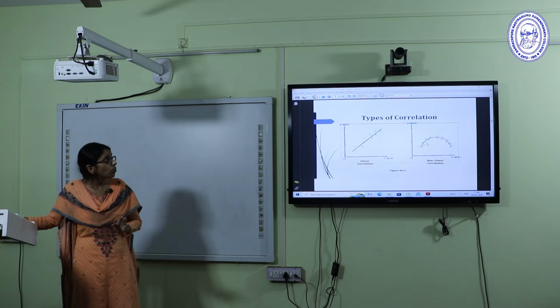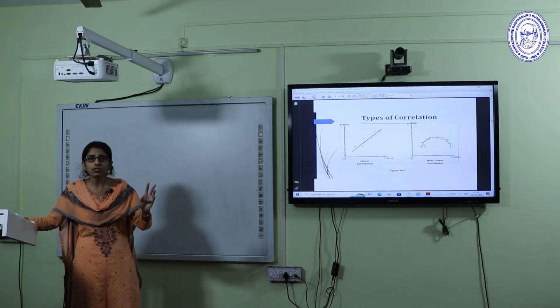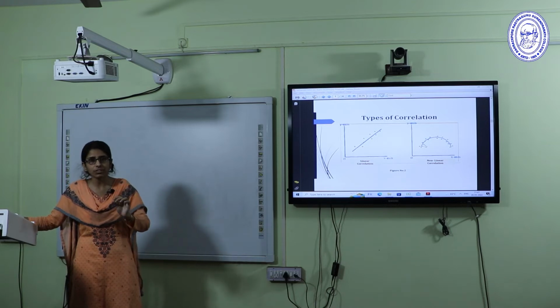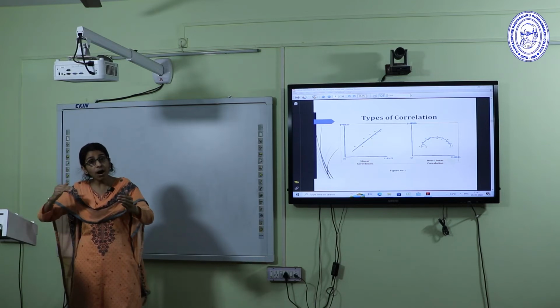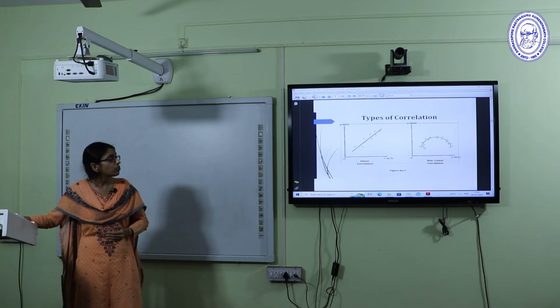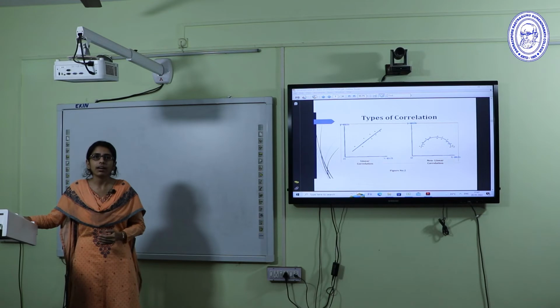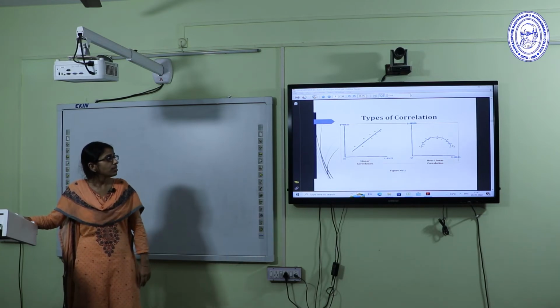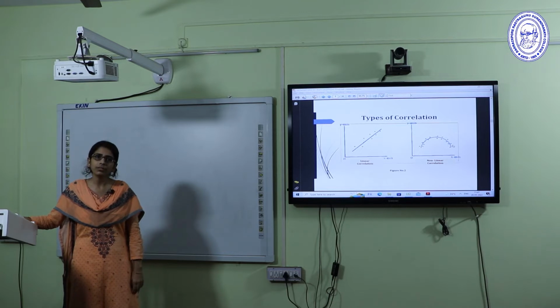But in the case of non-linear correlation, you can see that as the rate of change of the relationship between the variables is not constant or at par with each other, it shows a curve-like trend line. So that is a hypothetical diagram of non-linear correlation.